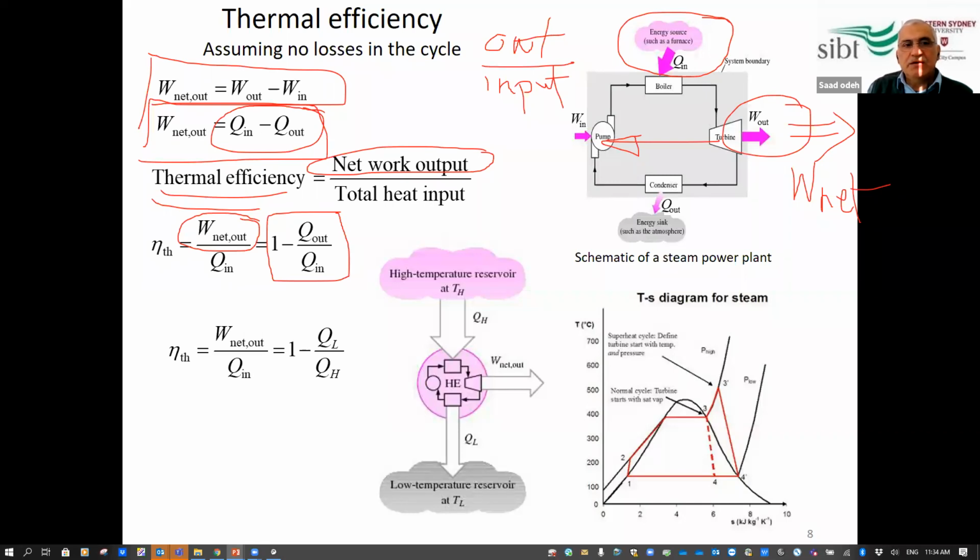Because of thermal efficiency, the output can be represented in different forms of energy. Any question? Okay.